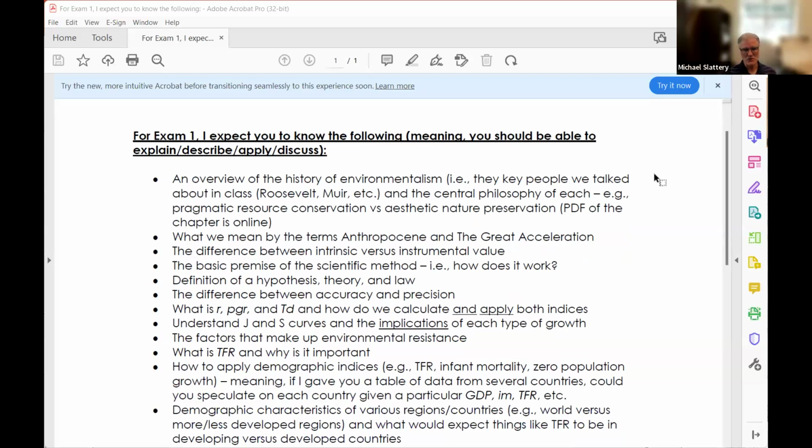So what I do with this study guide is I lay out the big issues, themes, components, facts, and equations, whatever. I lay out the big take-home messages and important concepts that we've covered in class.